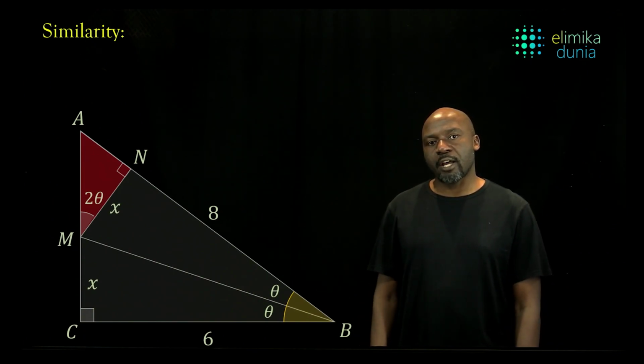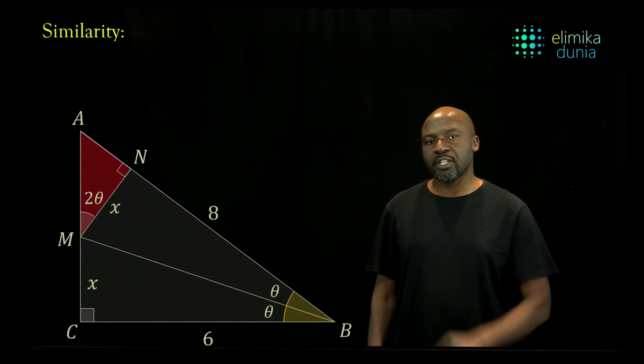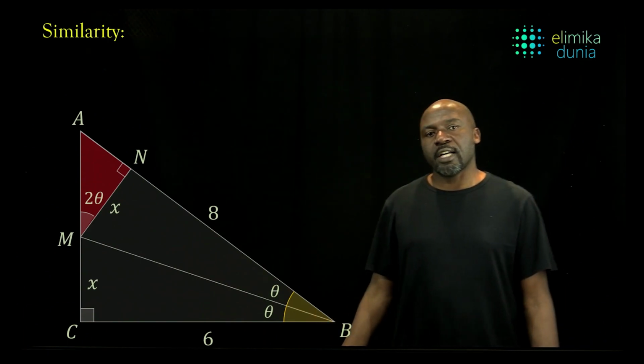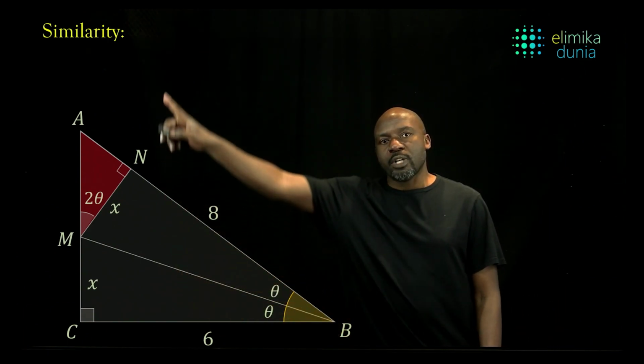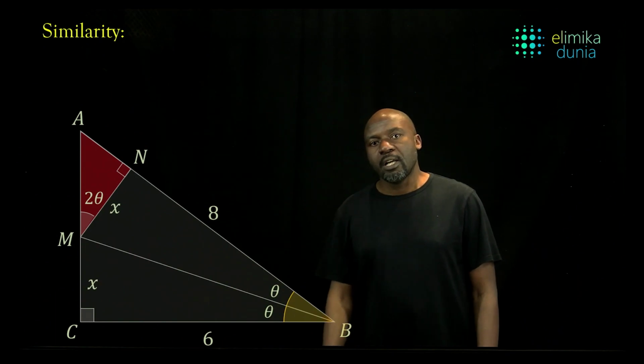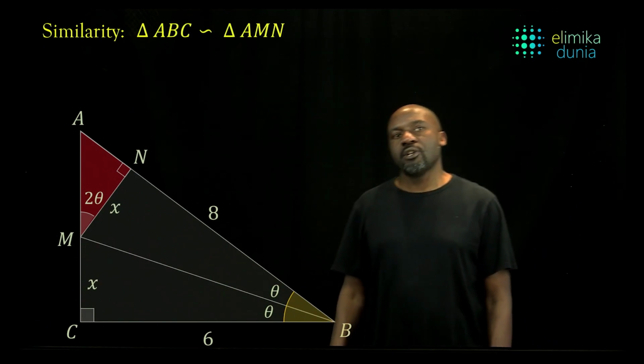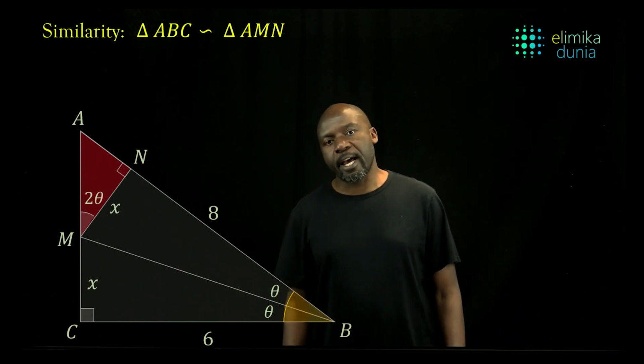Now, if these two triangles are similar, which sides are corresponding to one another? So this is a case of similarity. We are saying triangle ABC has to be similar to triangle AMN.